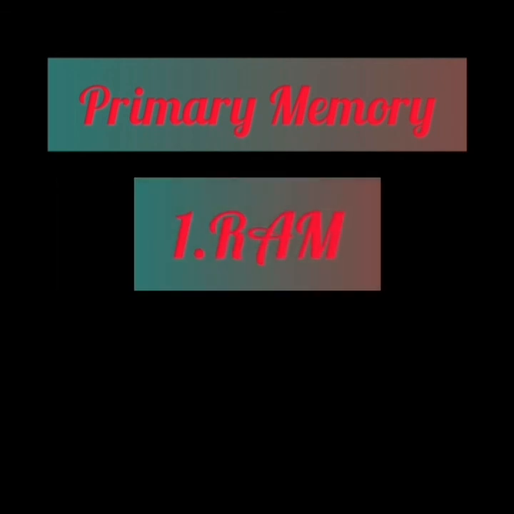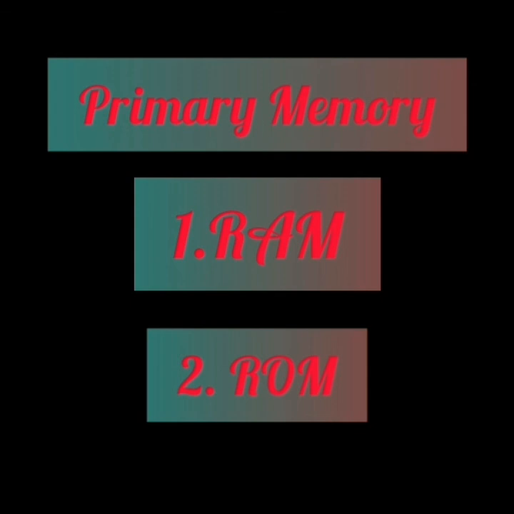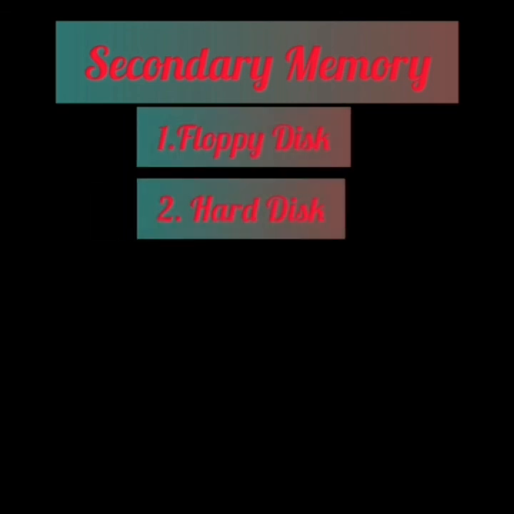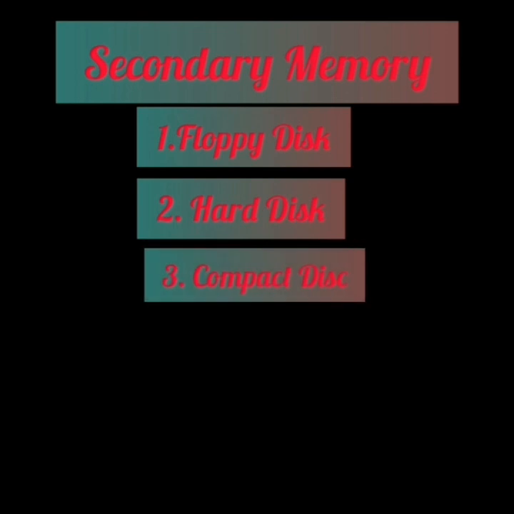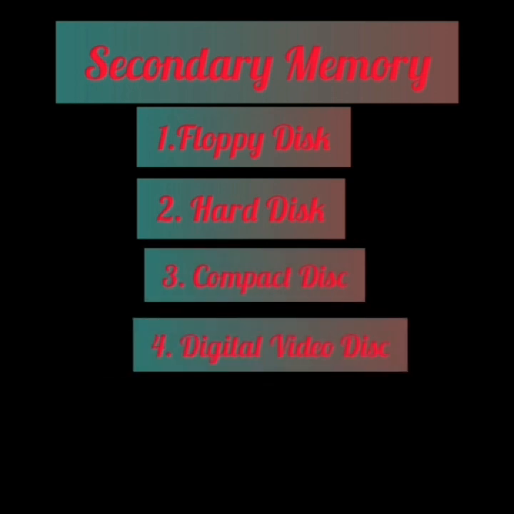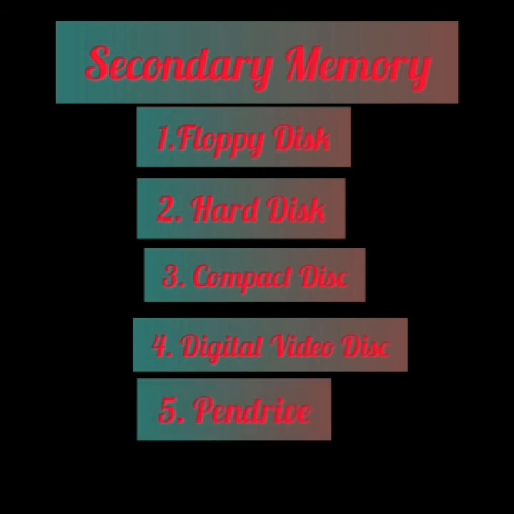Yes, first is RAM and second is ROM. Very good. Now tell me the names of secondary memory. Yes, first is floppy disk, second hard disk, third compact disk, fourth digital video disk, and fifth pen drive.